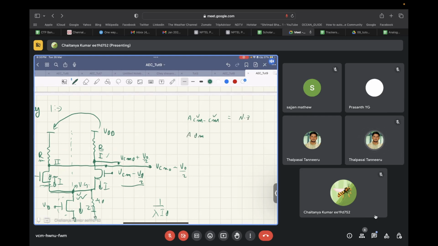The differential mode will be a non-zero quantity, but the cross terms, common mode to differential mode, will be zero, and differential mode to common mode will be zero. But if the circuit is non-symmetric, these two quantities will also be non-zero. So you need to find all the gains.